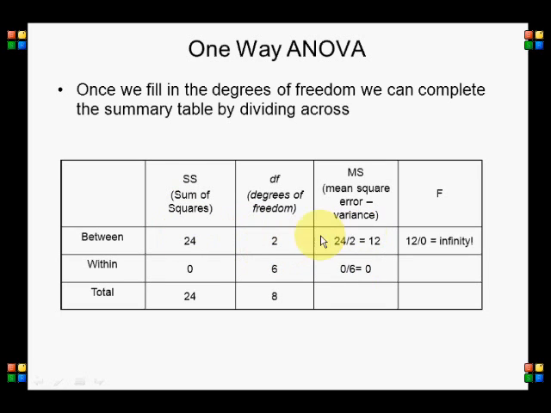Well, 24 divided by 12, or 20 by 2, is 12. 0 divided by 6 is 0. And then 12 divided by 0, which is my F ratio, my ratio of between group variance to within group variance, the variance I can explain to the variance I can't explain, is 12 divided by 0, and anything divided by 0 is really infinity, which is interesting.